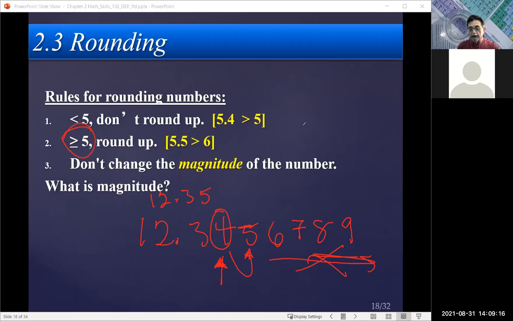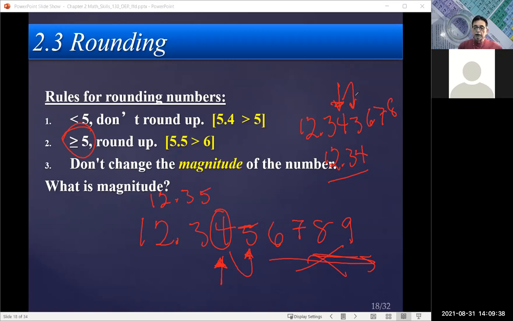If that number was 12.343678.9, and we're looking at that 4, then it would simply be 12.34, because the neighbor is less than 5.